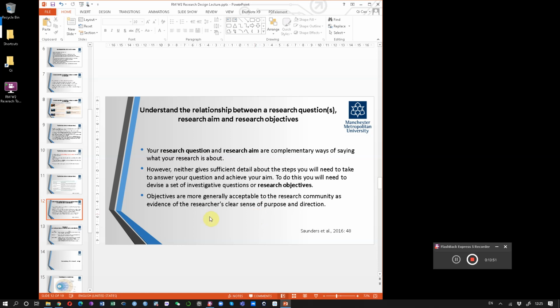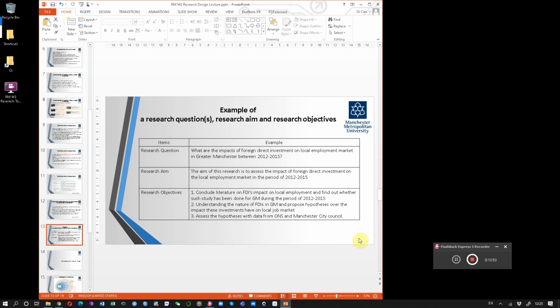Okay, so let's use an example to look at this. We have the research question here: what are the impacts of foreign direct investment on the local employment market in the Greater Manchester area between 2012 and 2015? So we're looking at the impact of FDI on local employment in this time frame in Greater Manchester.